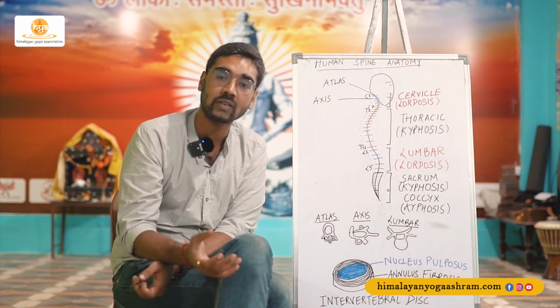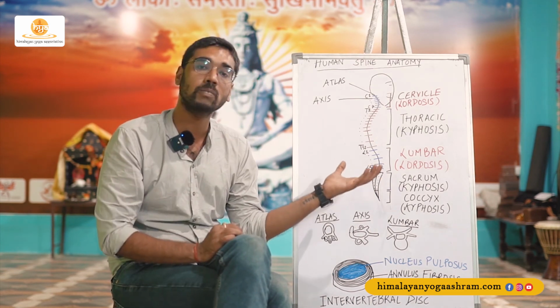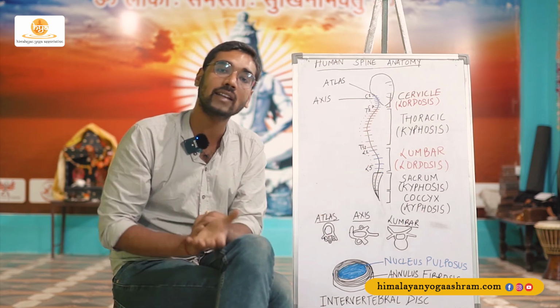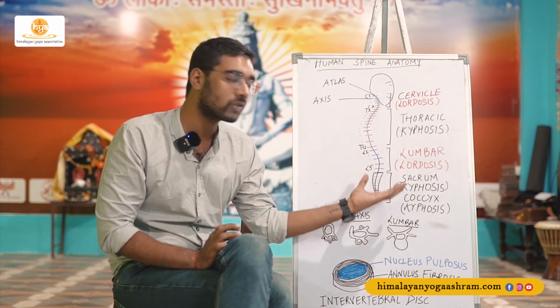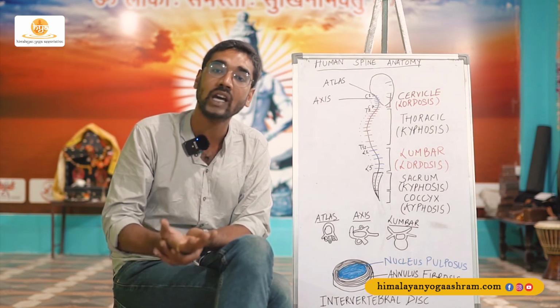Now realize this: you may have come across people who experience injuries related to the spine, and in the most severe cases that can result in problems such as permanent paralysis of the lower body or even of the entire body. Why so?